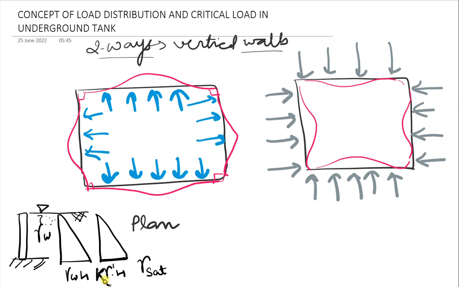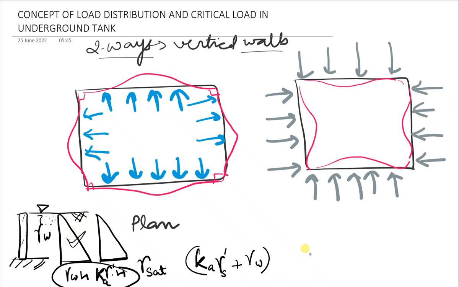Also, there will be a coefficient of Ka, which is the active earth pressure. So the total coefficient when there is submerged soil acting on this wall is Ka gamma dash of the soil plus gamma W, right?